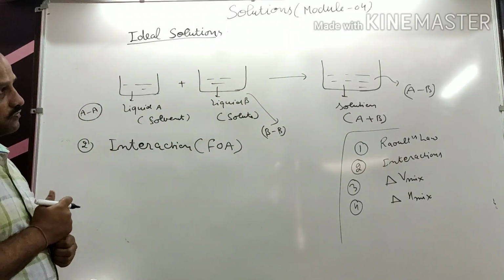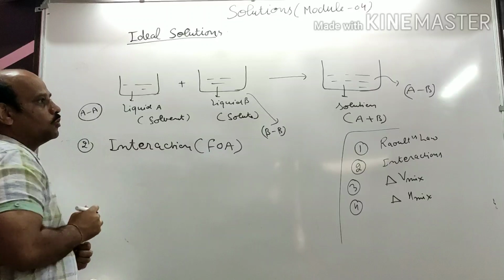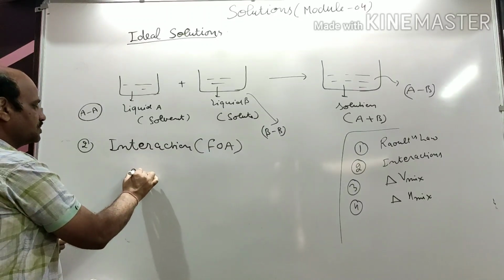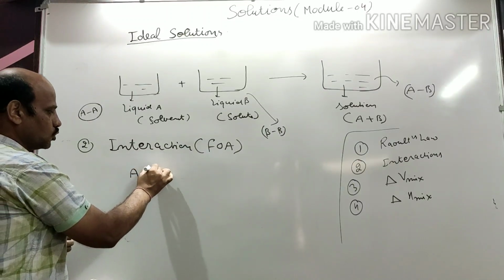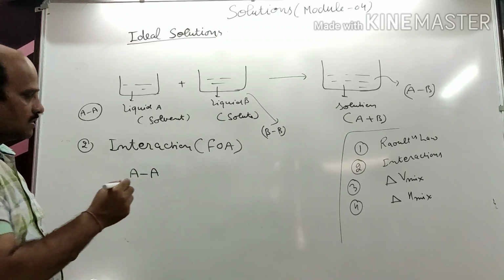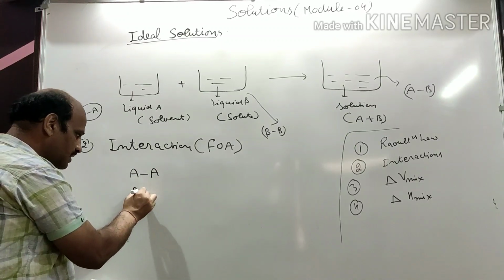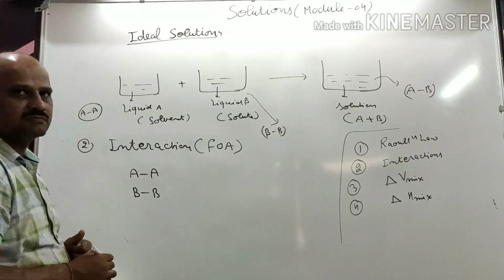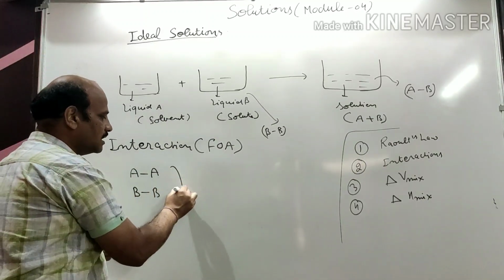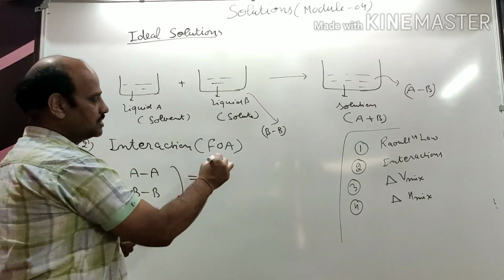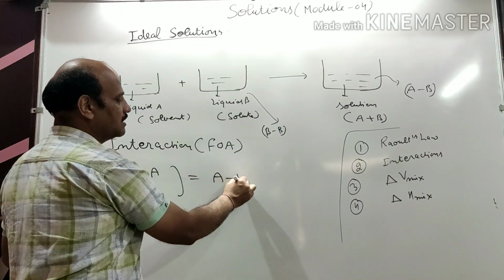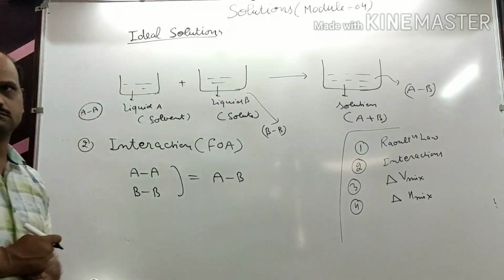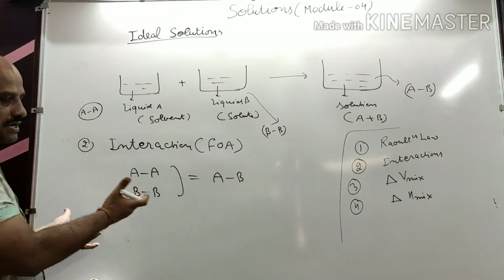An ideal solution is possible only when the interaction between solvent molecules and the interaction between solute molecules are equal to the interaction between solute and solvent. Same interaction.